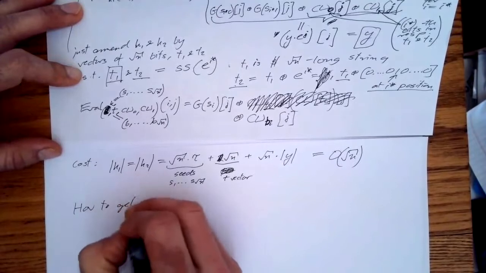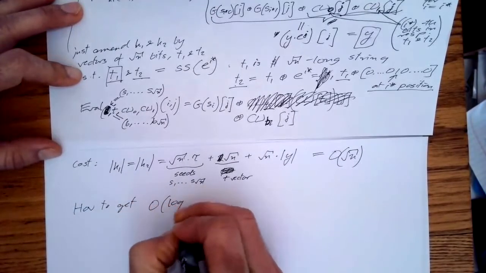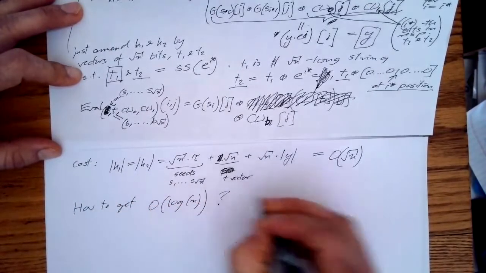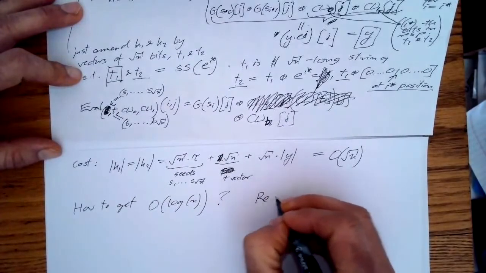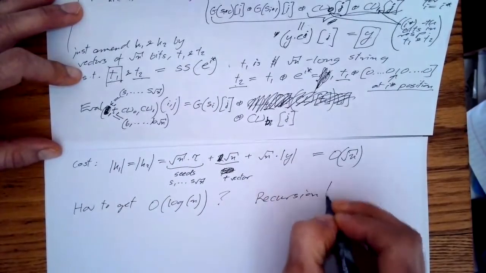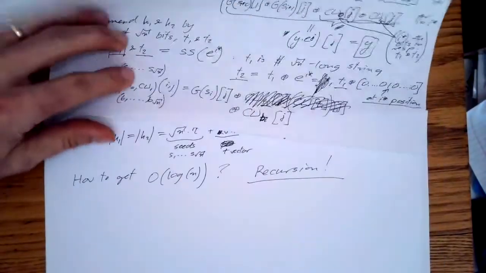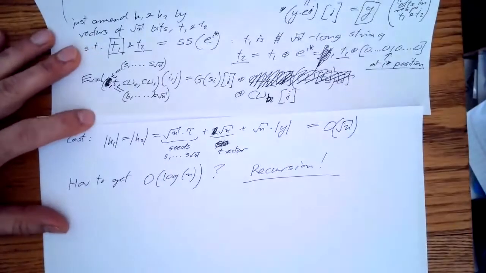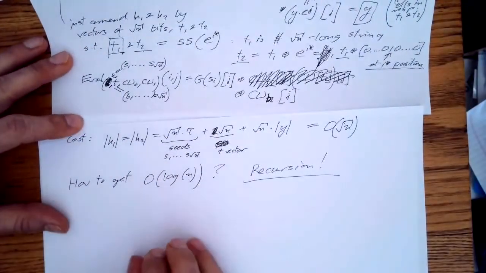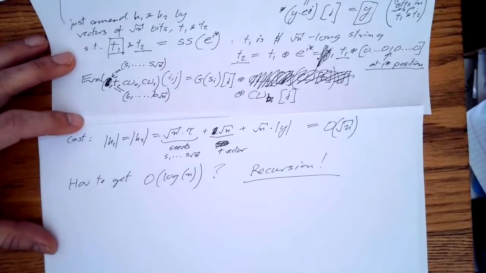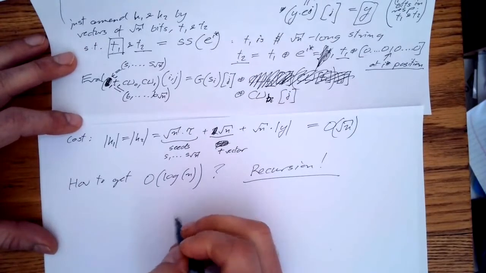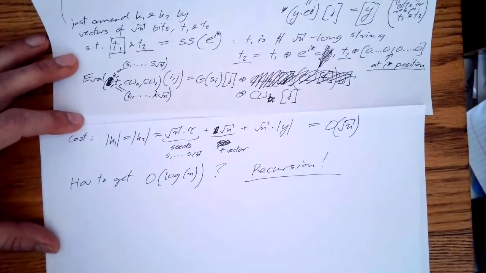How do we get order of log from this in its recursion? I am clearly running out of time, but let me just draft how you would make it recursive, really quick.